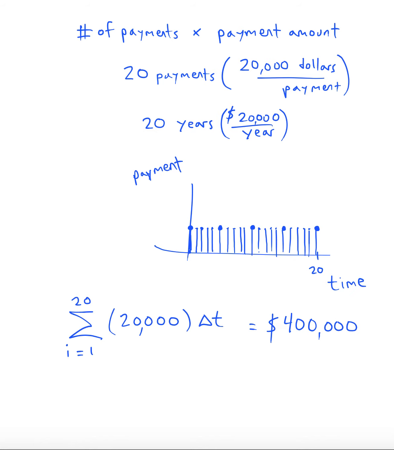Now let's go back and see how this compares to the integral. What we're going to want to do in the calculus approach to this is to integrate the function R of t dt. So hopefully you can see the similarity here. We'll integrate from 0 to 20. Let's try it.